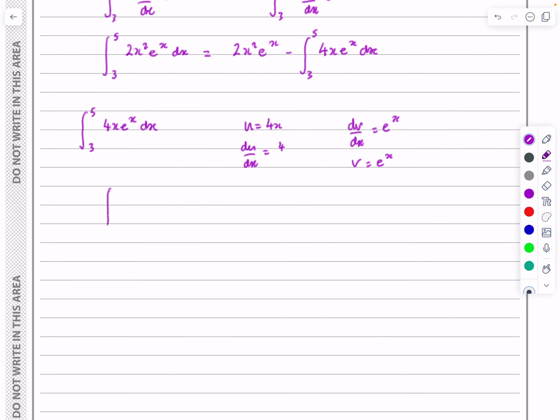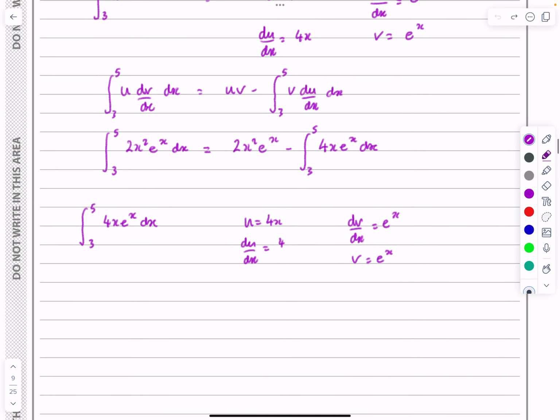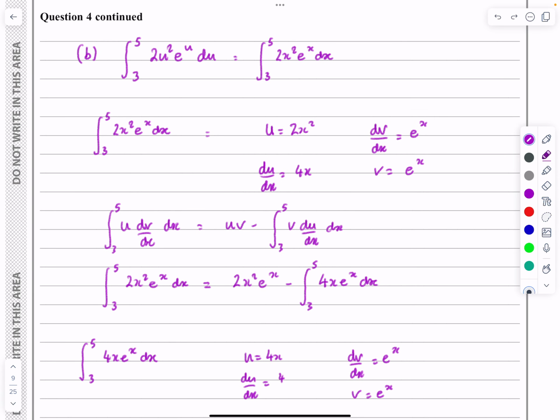So if we do this, the integral, okay, let's just copy that straight down from up here again.